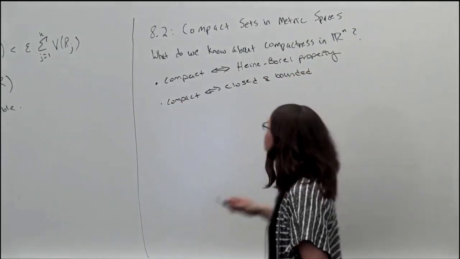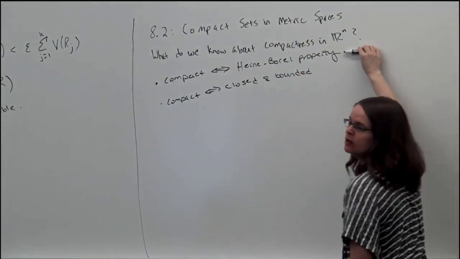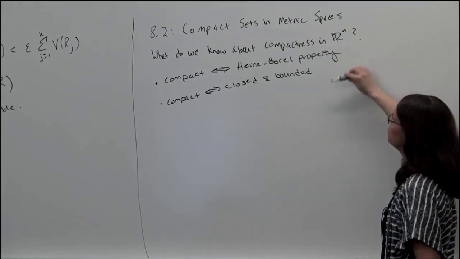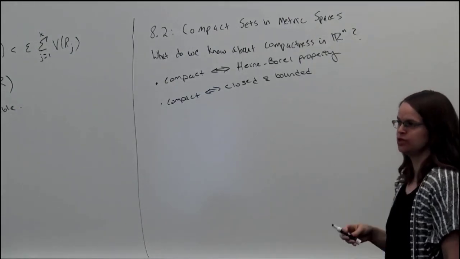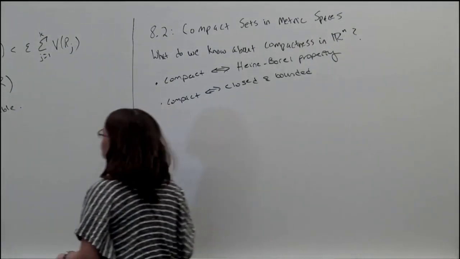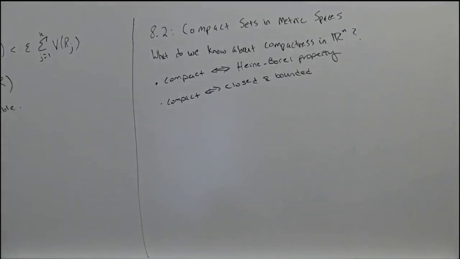And in Rn, either of these would make a perfectly good definition of compactness because they're all completely equivalent to each other. Now, we're sitting in a more general metric space, and we need to come up with a way to define compactness in a way that gives us useful properties right off the bat.